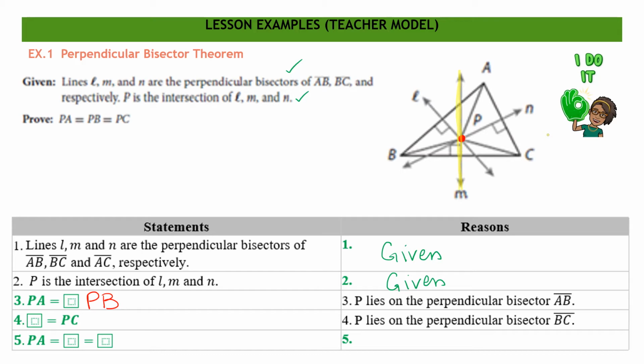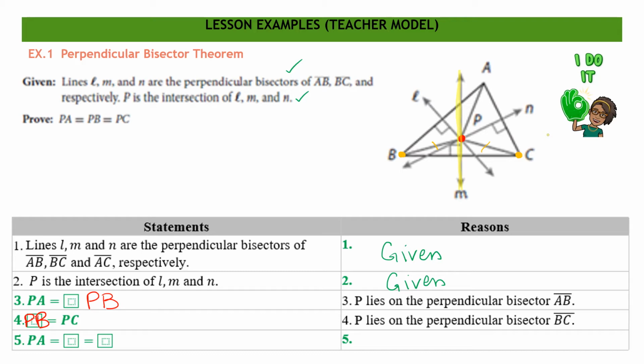Remember, any point on the perpendicular bisector is equally distant from the endpoints of the segment that it bisects. So P to C, which is located here, would also have to be equally distant from P to B, which is located here. So PC would be equal to PB.